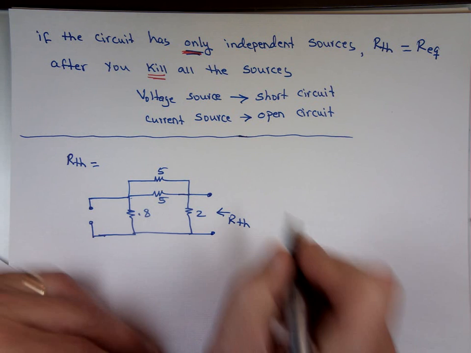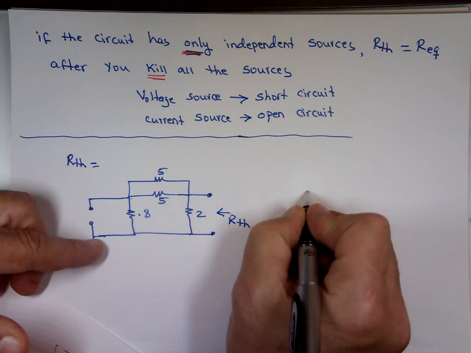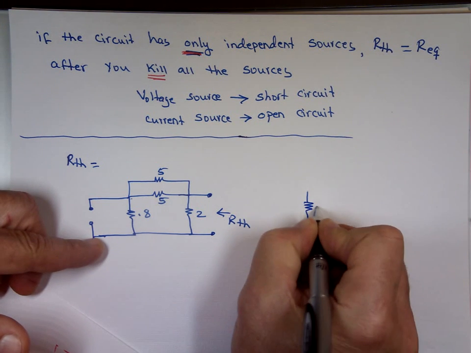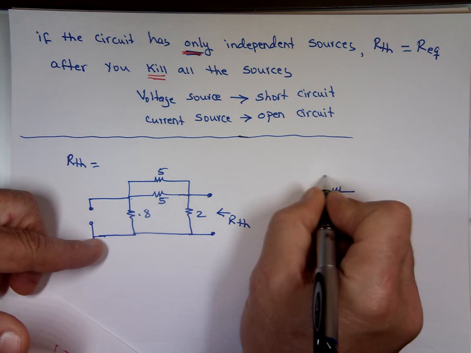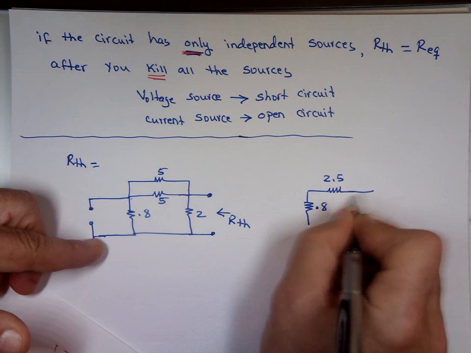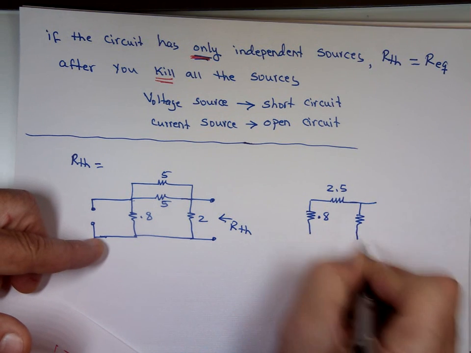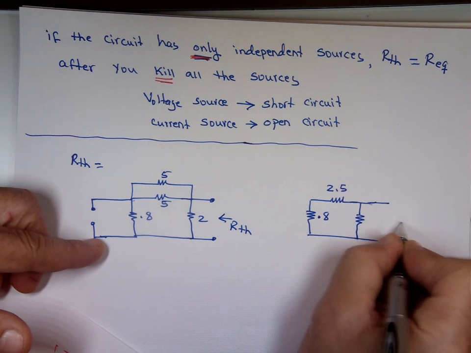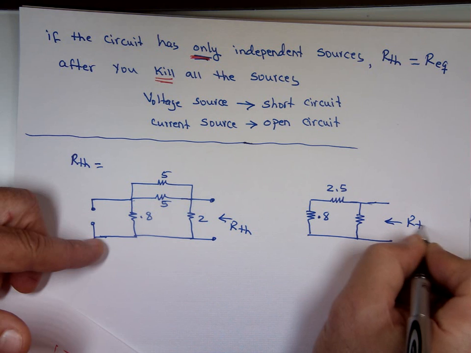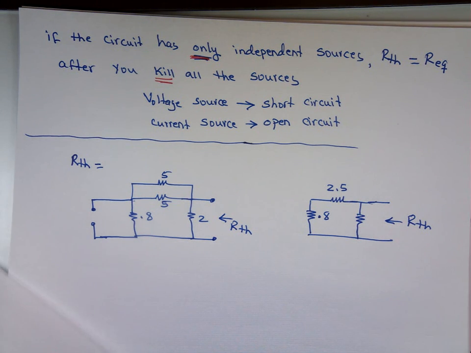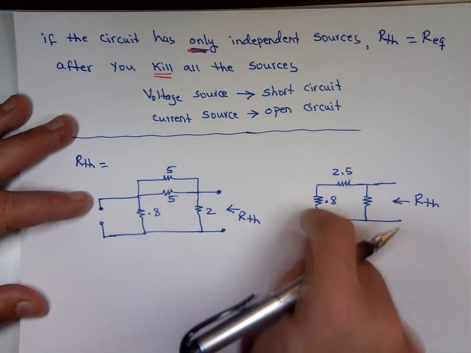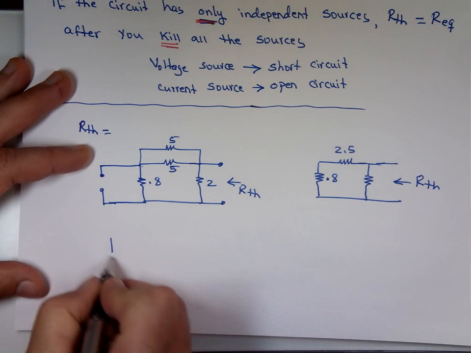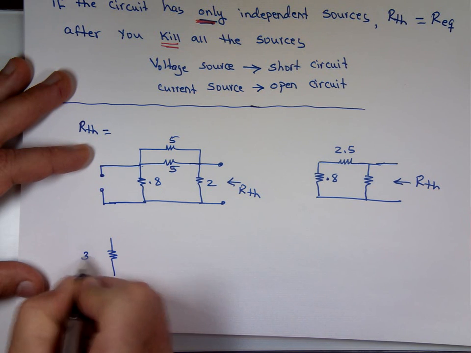I don't need this wire dangling there. That'll be 2.5. And again, what is that equivalent R? Notice we can combine these two guys into one. 3.3.